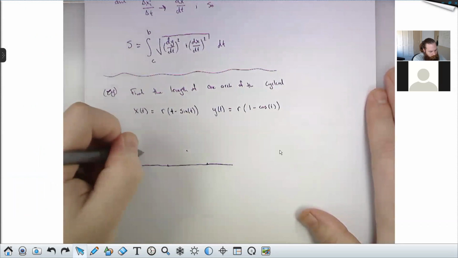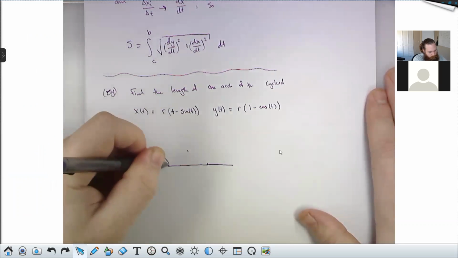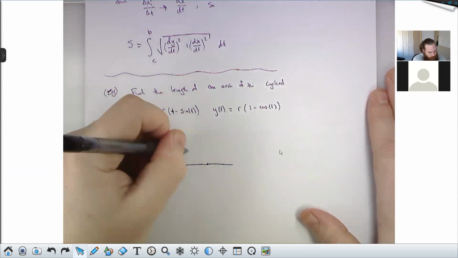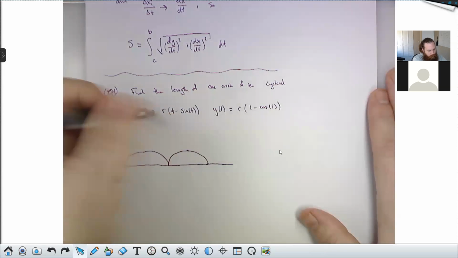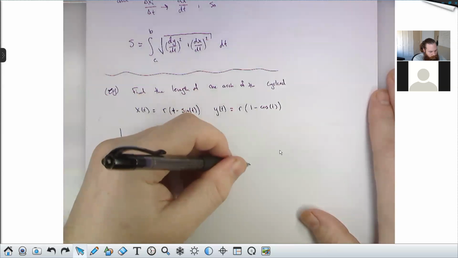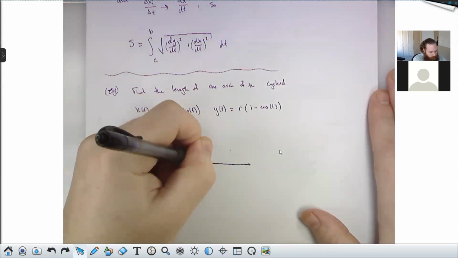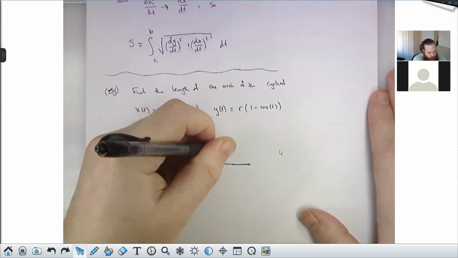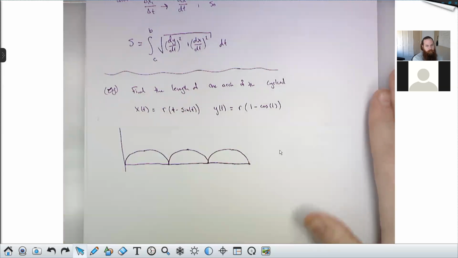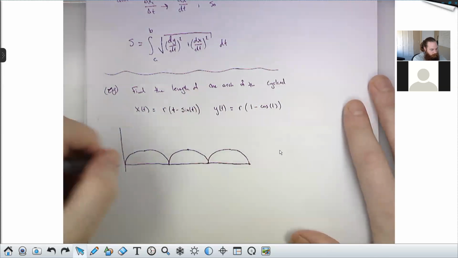It looks like this. Now we continue on like that forever and ever, amen. But I just want one arch. Okay, so I'd like to find this length here.